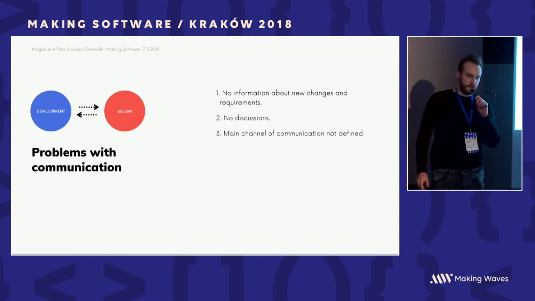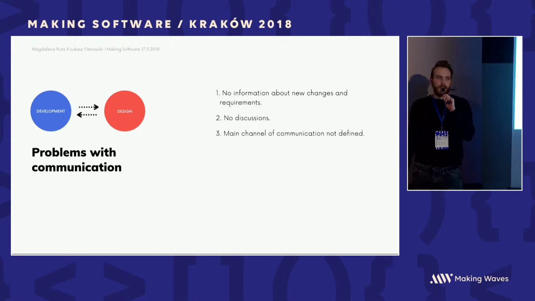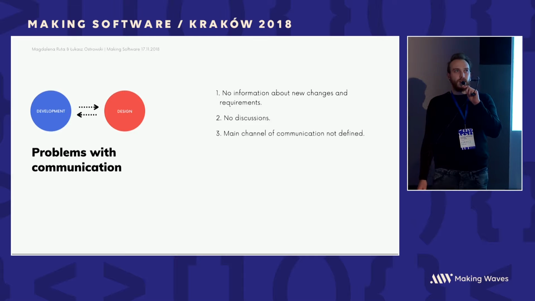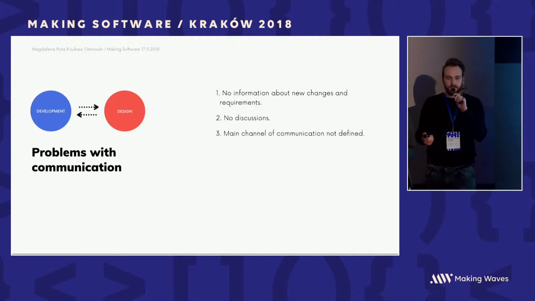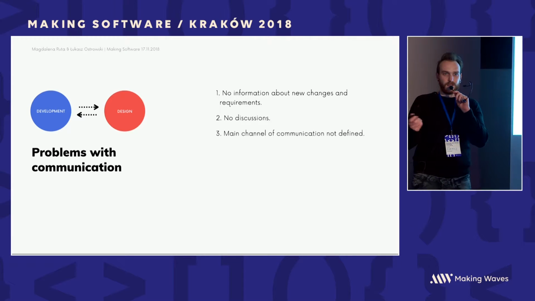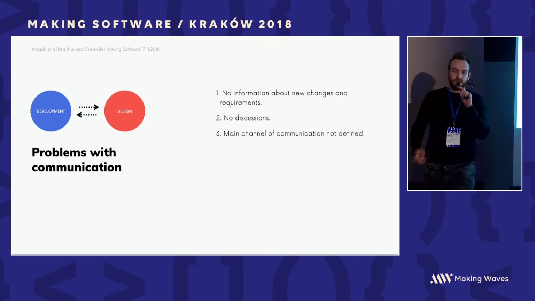And private messages are also a problem, because if something is wrong, you just personally go to the designer, or the designer goes to the developer, and they agree on something. But there are only 2 people in the company who are actually aware of that.